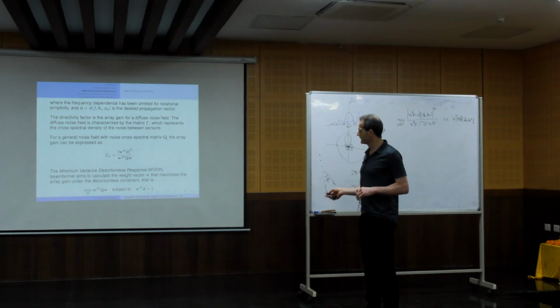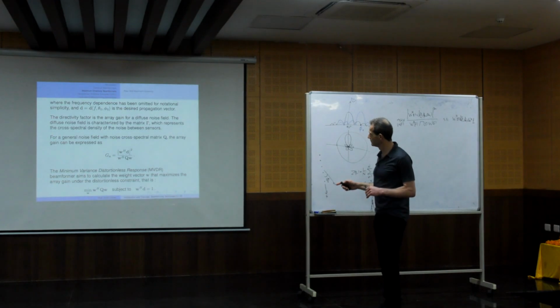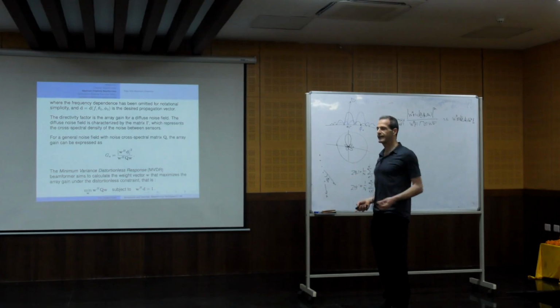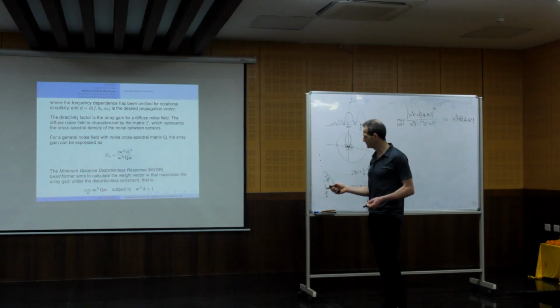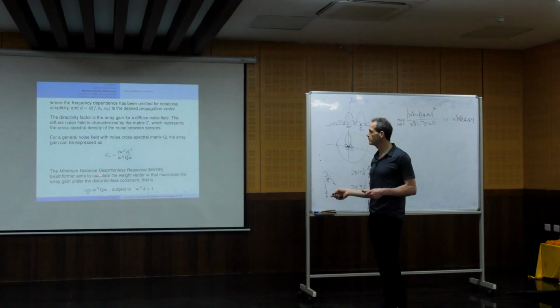Suppose that I know the noise exactly, I can measure it. I can measure the correlation between noise signals in different sensors. So I can find this matrix Q for a specific noise, and I maximize this.